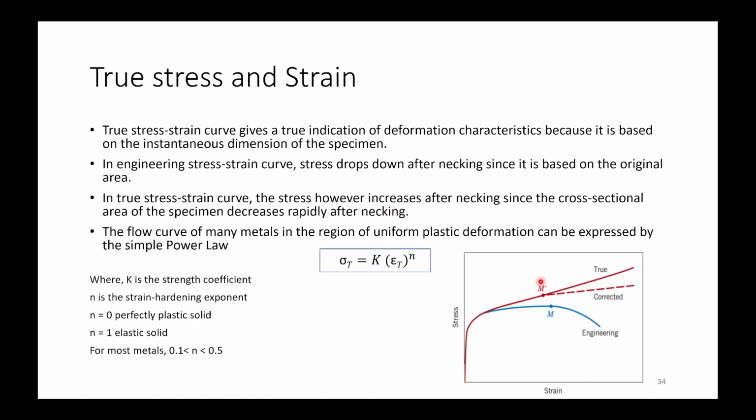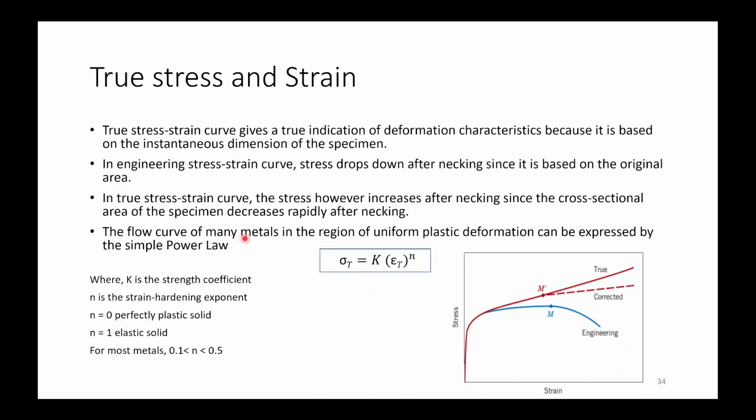In the true stress strain curve, the stress however increases after necking, since the cross section area of the specimen decreases rapidly after necking. Because we are dividing by the instantaneous area, which is also decreasing, it keeps on increasing as your stresses keep on increasing because of strain hardening.